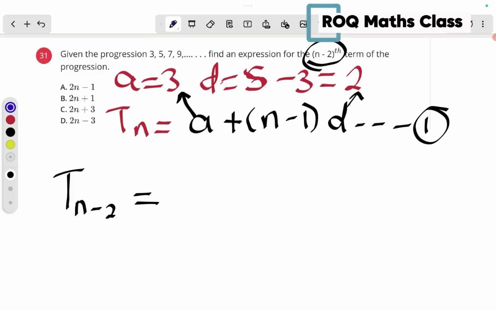Now, our T is the same thing as 3 plus our n now will be n minus 2, then minus 1, times 2.